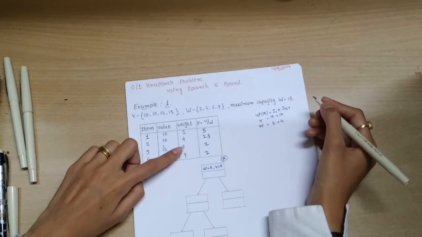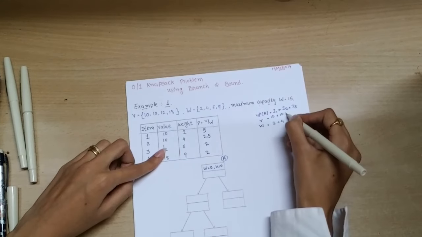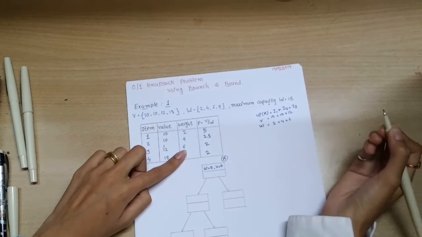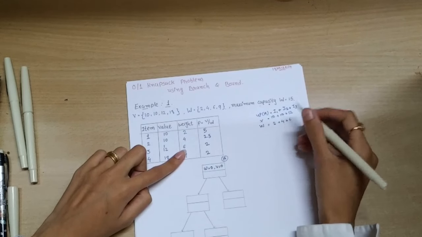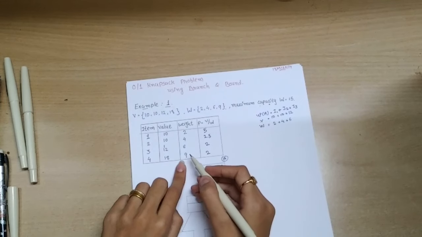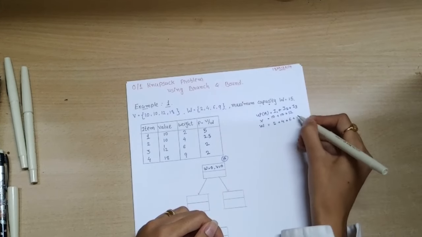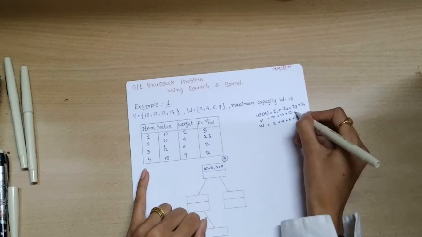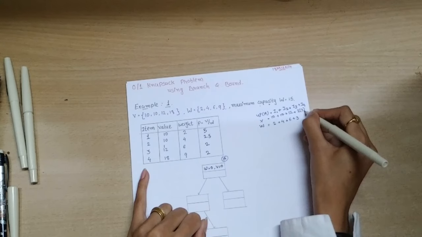Now let's take item number 3, value is 12 and weight is 6. Now we have weight 12 and here the weight is 9. So we have to take a fractional part of that. So we will take 3 units of item number 4, which will have a value 2 into 3.